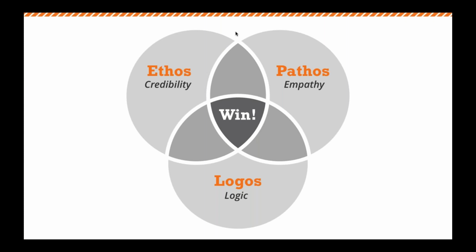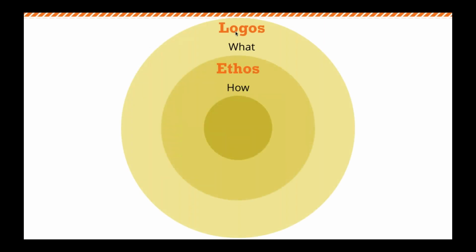Now, one of the reasons why that structure is so effective has specifically to do with these three appeals, because they very coincidentally line up perfectly to the golden circle why, how, what structure. Starting with why, right? That why, that's the pathos. That's the emotional part, right? That's you talking to that center part of the brain that controls emotions and controls decision making.